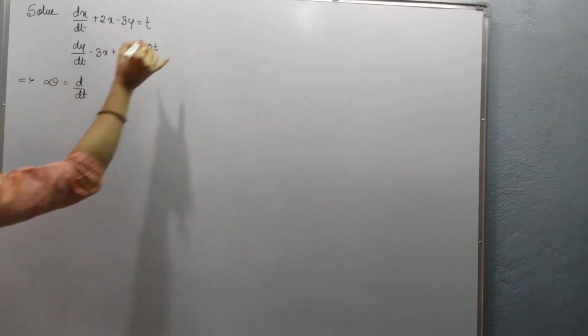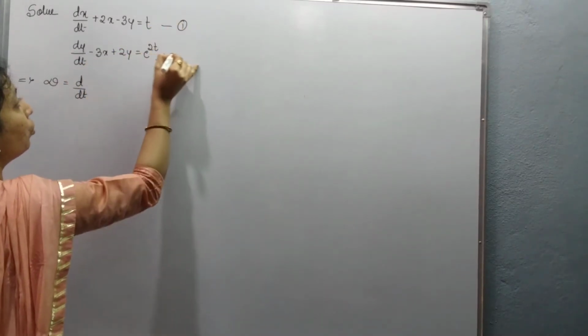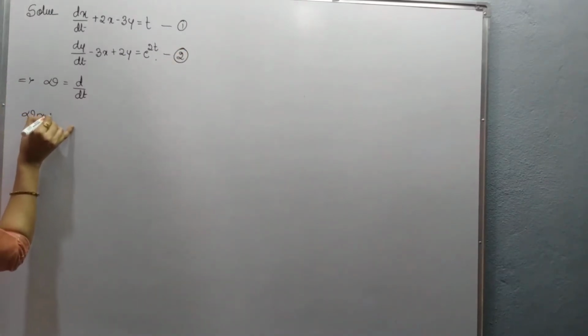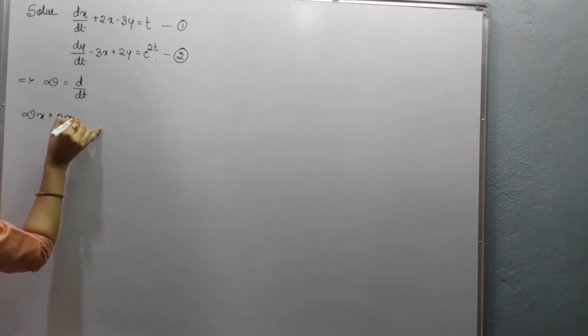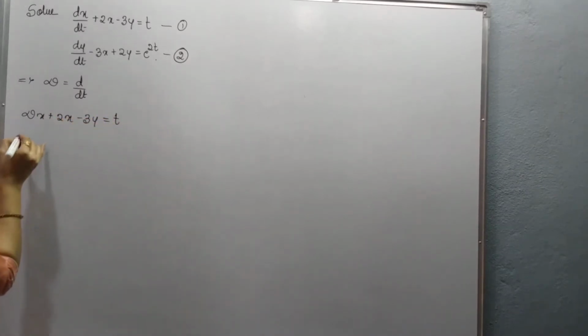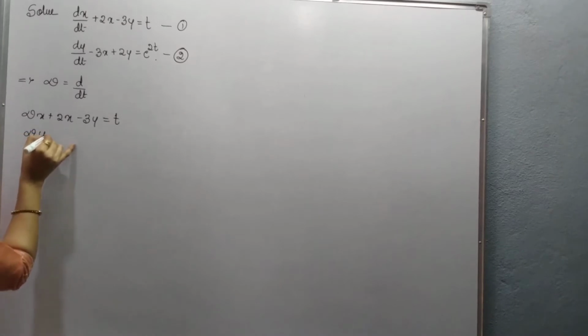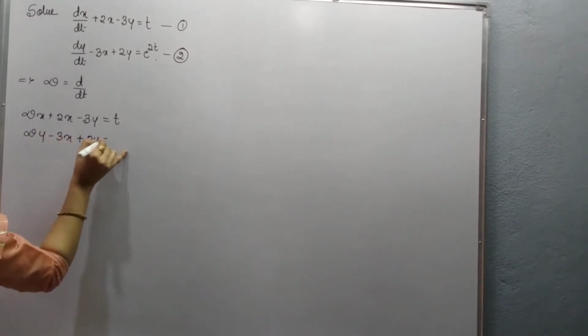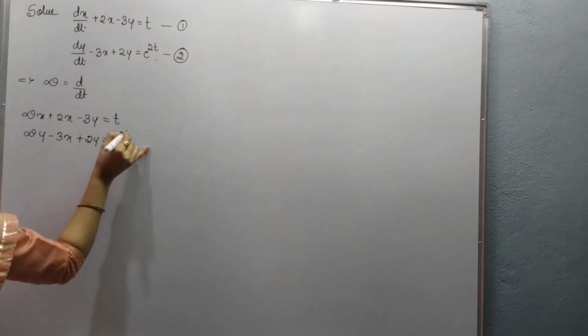Then equations 1 and 2 turn out to be Dx + 2x - 3y = t, and equation 2 is Dy - 3x + 2y = e^(2t).